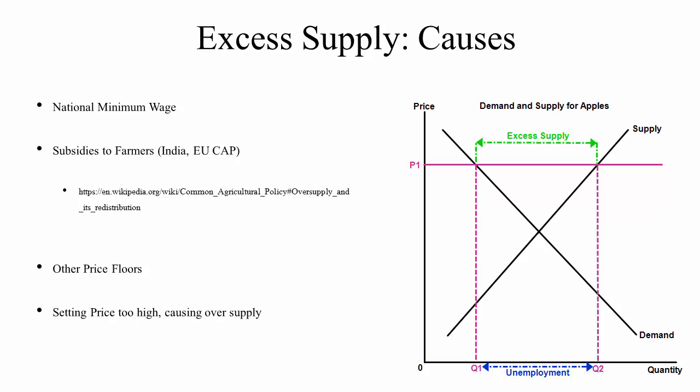So that's a good example to talk about when you're talking about excess supply. You may have heard of examples like the sugar mountains and milk lakes and so on in relation to the oversupply of products under the Common Agricultural Policy, and that's a great thing to bring into essays to show your application and your wider understanding of the context of economics.